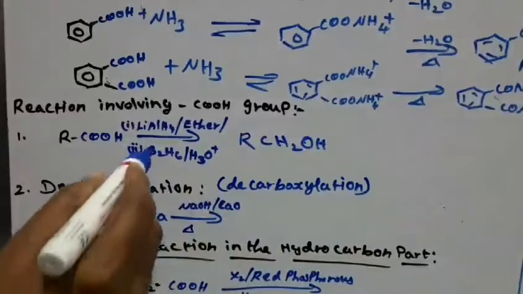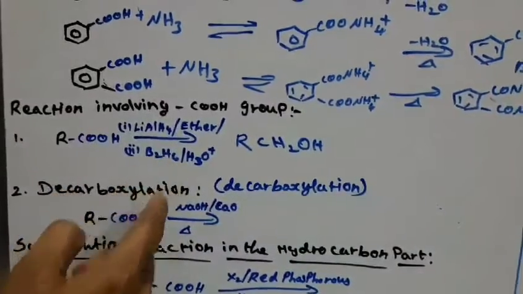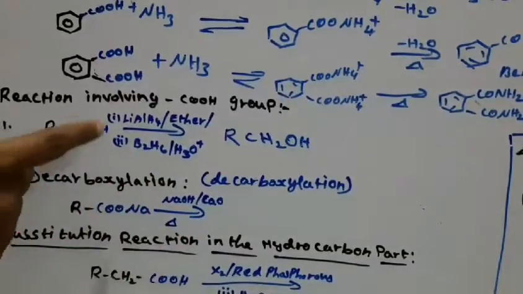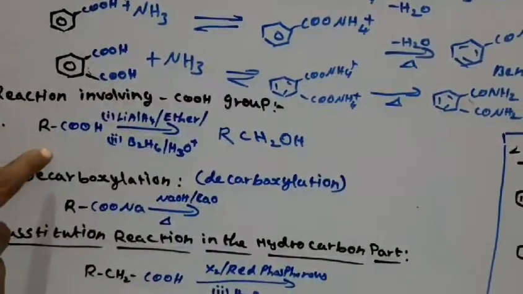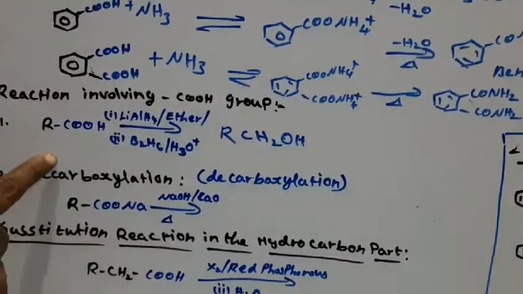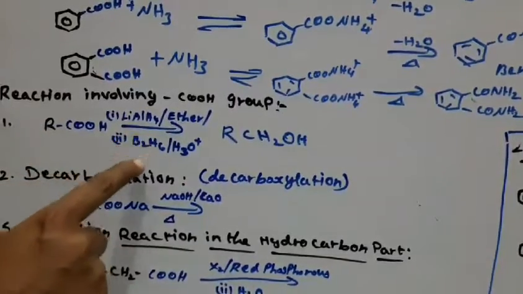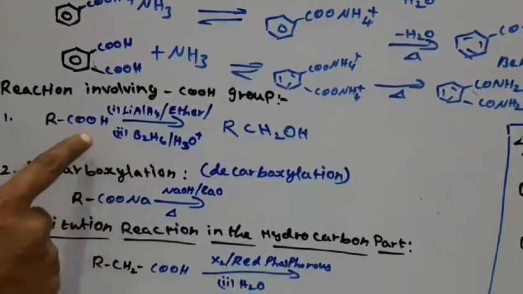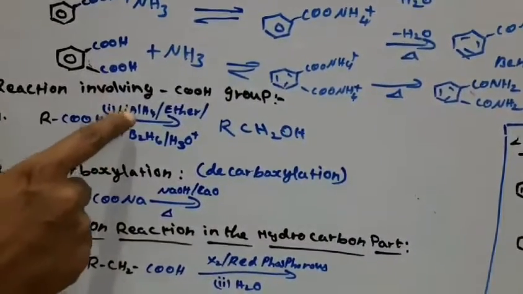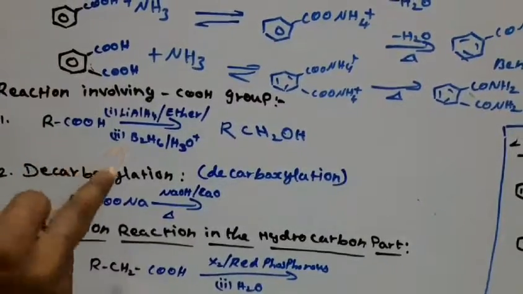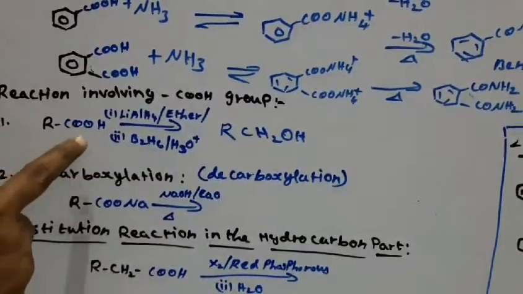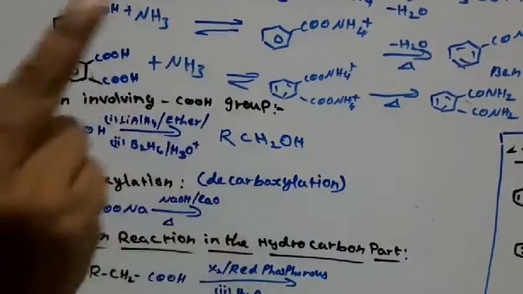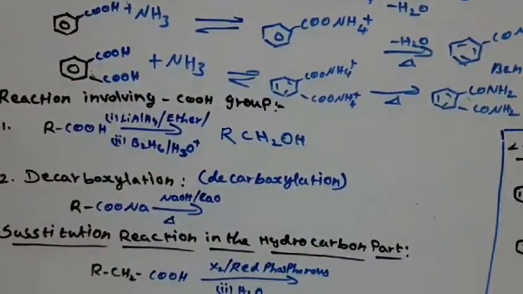Diborane and sodium borohydride are also reducing agents, but for the carboxylic acid group, keep it in your mind, this is one more question: it is not reduced easily. So we have to use lithium aluminum hydride. In the presence of lithium aluminum hydride, the carboxylic acid group is reduced to produce primary alcohol.